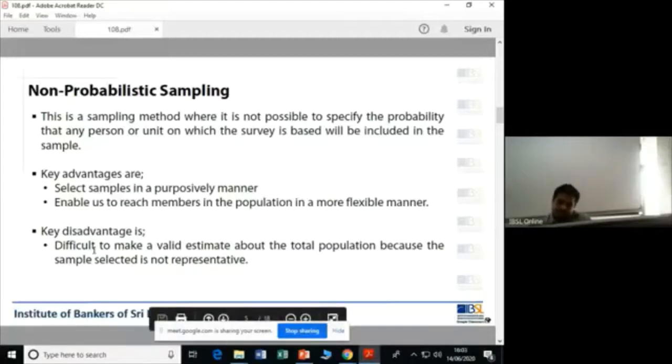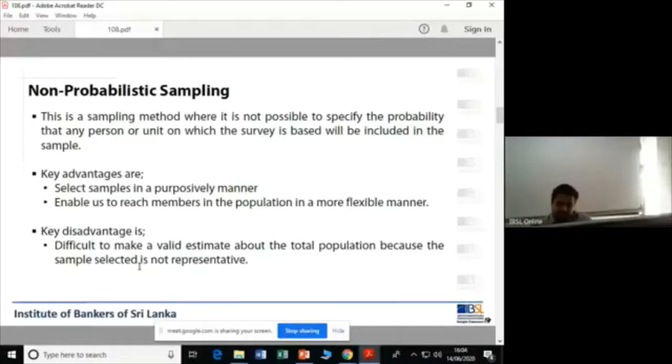So as mentioned here, the main disadvantage is that it is difficult to make a valid estimate about the total population because the sample selected is not representative, it is biased. Because we knew that there are many data points out there, but due to easiness, cost constraints, and physical limitations, we are not in a position to reach and collect the data. So that is the key disadvantage in all these 4 non-probabilistic sampling methods that we are going to discuss.